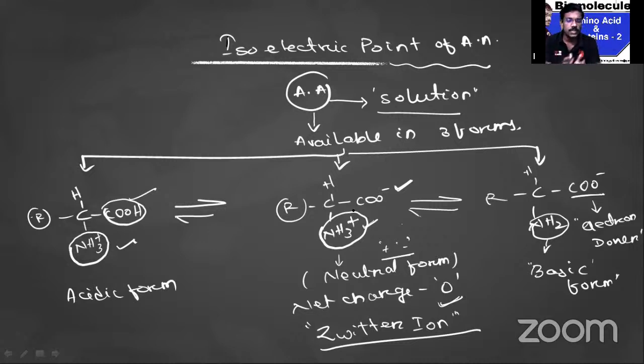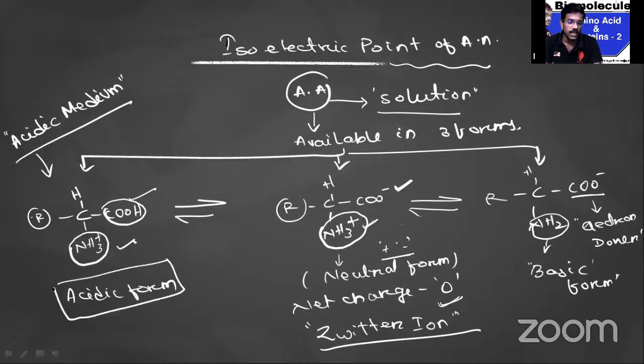So when will this acidic form, this neutral form, or this basic form dominate? Let's see here. If we put the amino acid in an acidic medium, the acidic form of the amino acid will dominate.